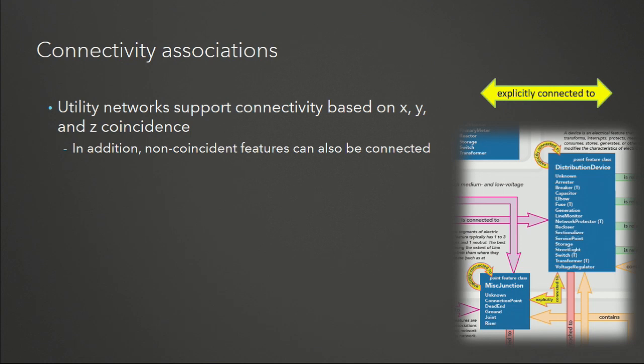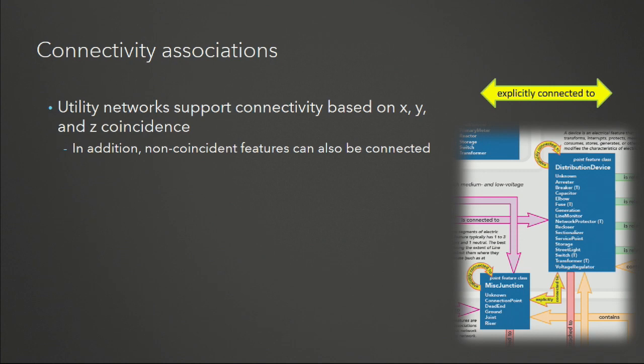Connectivity associations. Think of it as a way where you can say this point is connected to that point and they're not geometrically coincident. By default, things are based upon XYZ coincidence. It is Z enabled, a 3D based network, but you are able to say that these things that are physically not coincident, unlike the geometric network, are connected.